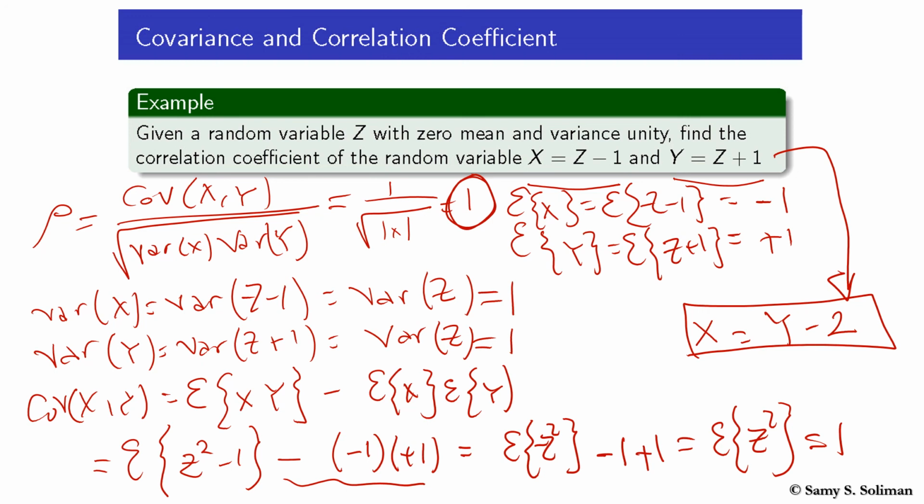So we can solve this problem either using the note that we mentioned earlier, that linearly related random variables have correlation coefficient of positive or -1 according to the linearity relation, whether being positive or negative, or we could solve it using the definition of the correlation coefficient as the covariance of x and y divided by square root of variance of x times variance of y.